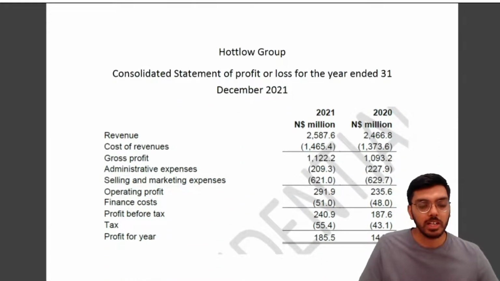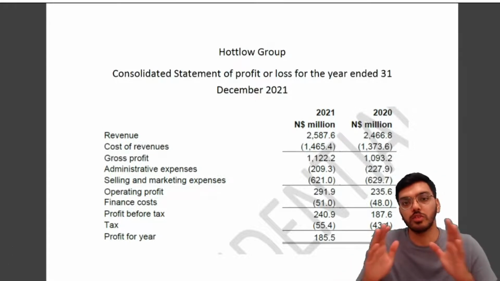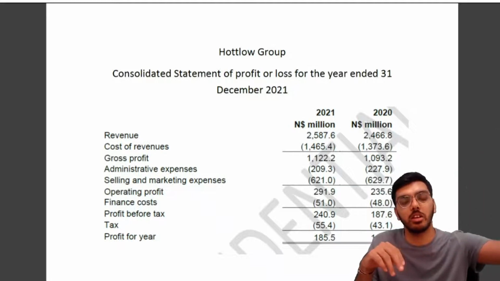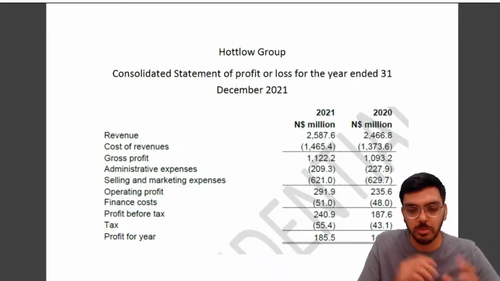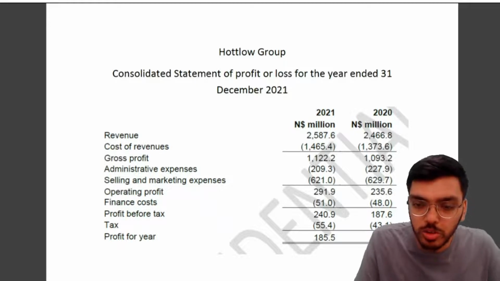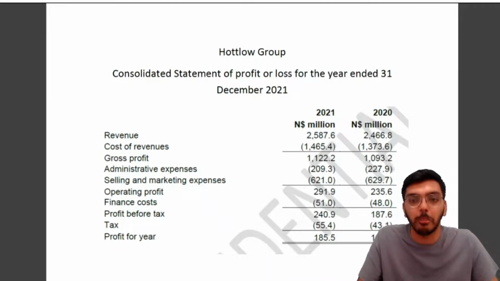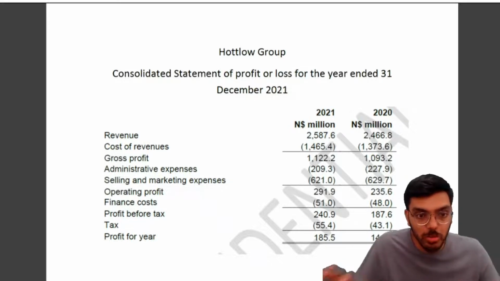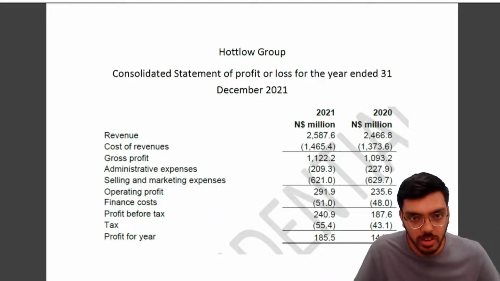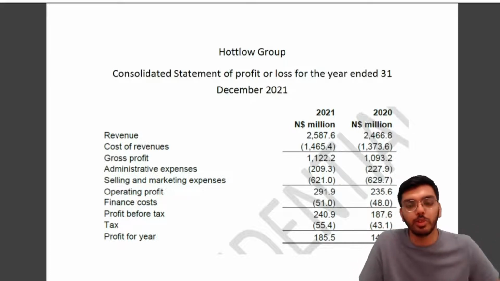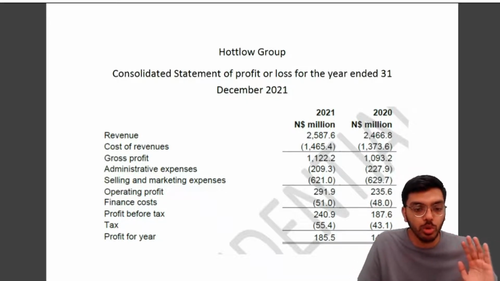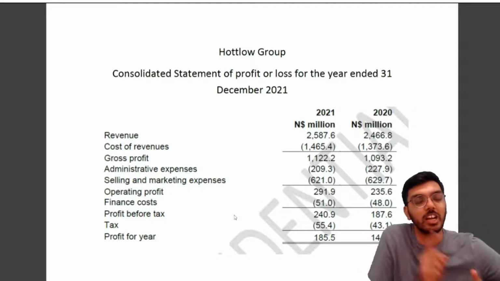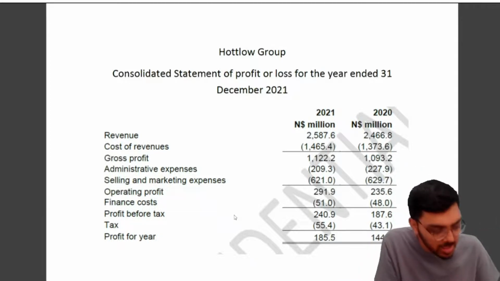We will look at Hotlo's consolidated statement of profit or loss, same as Piping's consolidated statement of profit or loss. I don't want you to go too deep into what this competitor's revenue is, compare it exactly to what Piping's revenue is, try to make sense of all of that. I don't want that. I have put the statement over here for you to go through quickly and simply. No detailed dive in like we did for Piping, because my company is Piping.